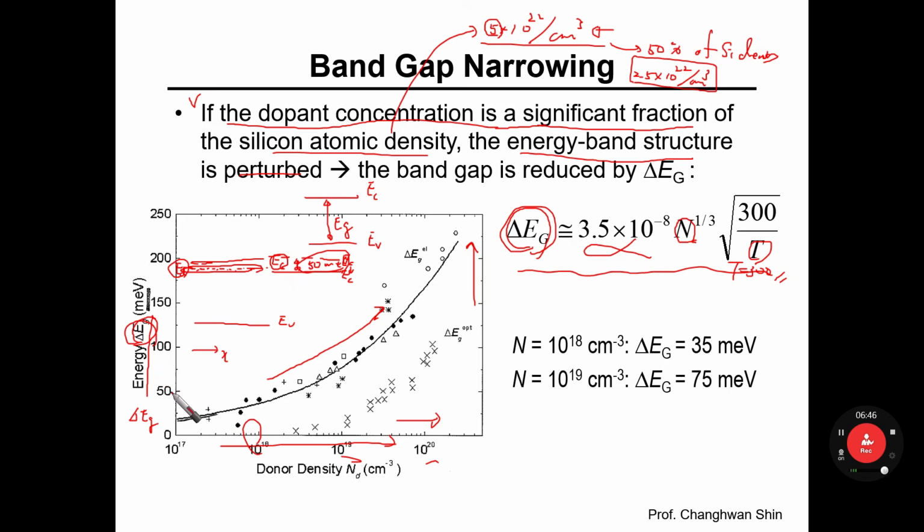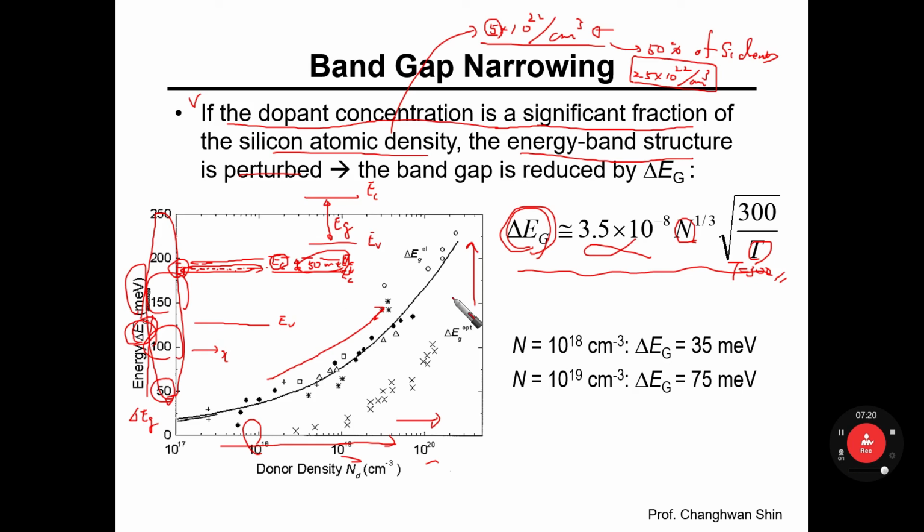Take a look at the scale of the y-axis here: 50, 100, 150 milli electron volts. So you can simply understand that once the doping concentration is super high, then E sub D, the donor's energy state, plays an effective role as the conduction band edge instead of the original conduction band edge.